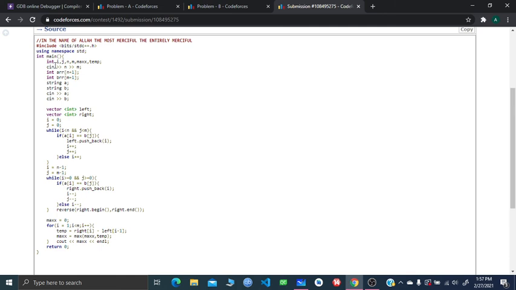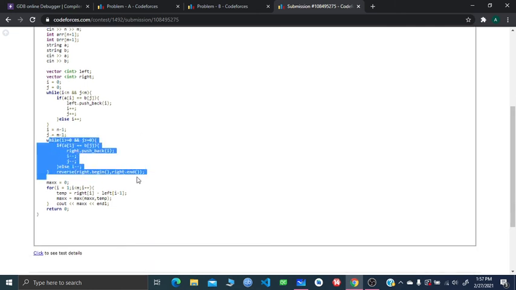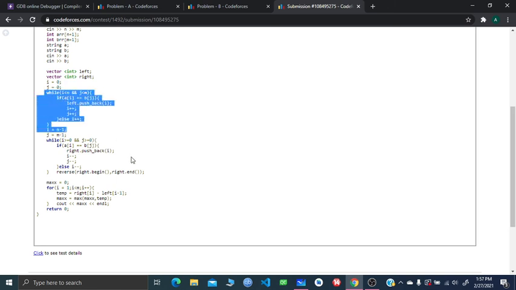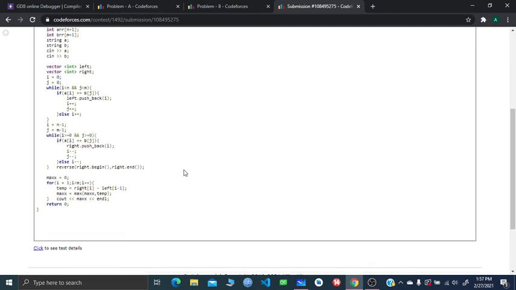Okay, so the code part is actually easy. Taking n, m, the two strings, and the vectors left and right. This finds the leftmost subsequence which I can get, which refers to the whole string t. I also do the same thing for the rightmost, traversing from the last, finding the rightmost beautiful sequence.